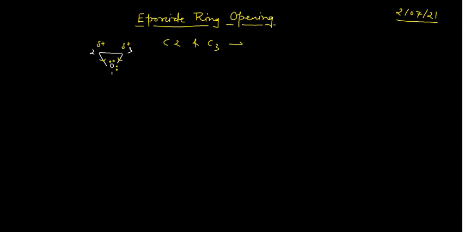So these two carbons are electrophilic in nature due to this positive charge. Hence, they are prone to attack by a nucleophile. This is something very important which you should know.